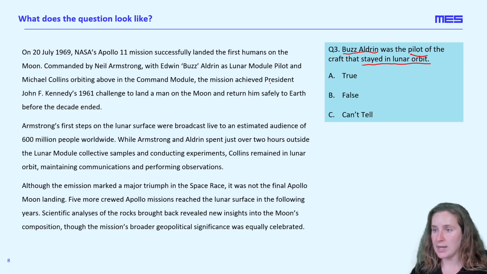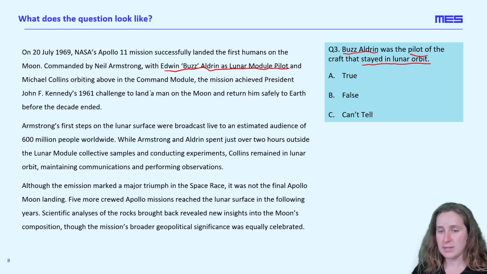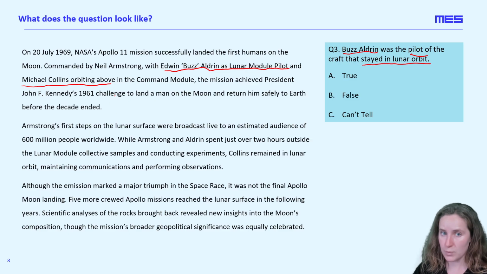I'm seeing in this first paragraph, Buzz Aldrin as the lunar module pilot. Okay, that seems like he would be the pilot, but let's double check the rest of it. Michael Collins orbiting above in the command module. Okay, so again, this is getting slightly more complex in that Buzz Aldrin was the pilot, but we don't know if he was the one who stayed in the lunar orbit.